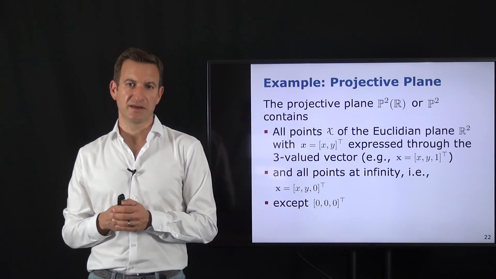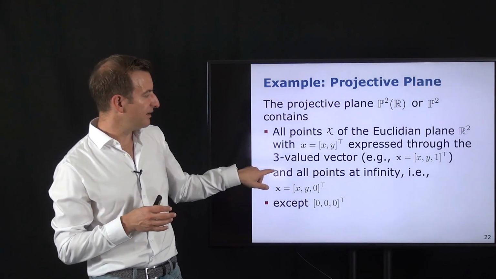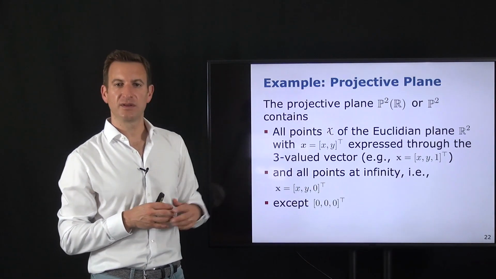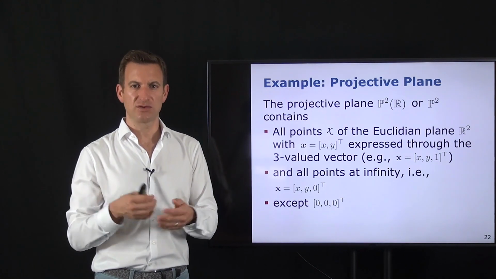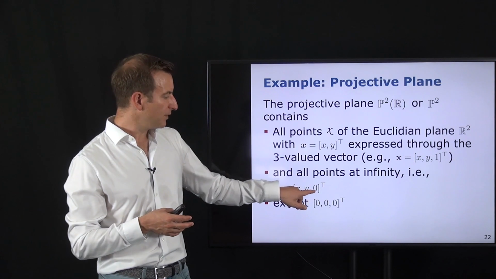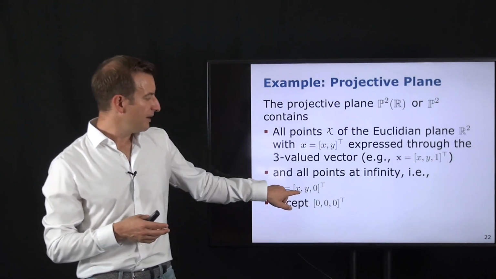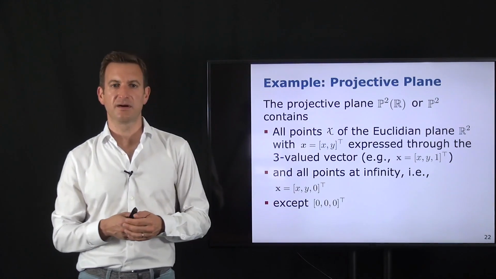What we additionally have in that plane are all points which take a 0 in the end. So a point that I cannot generate directly out of a Euclidean coordinate, because if I come from the Euclidean coordinate, I have this weight of 1 over here, and these are the points which are infinitely far away.